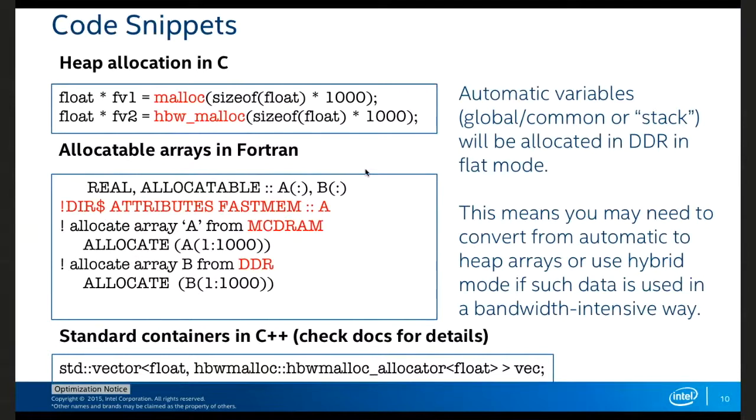One thing that's very important has to do with how the Linux kernel works and binary formats. If you have data which is bandwidth intensive, which likely is not present in C because you don't put huge arrays on the stack, but in Fortran, if you are the type of person who has a common block or an automatic array that's rather large, you need to convert this to a heap array in order to get it in MCDRAM.